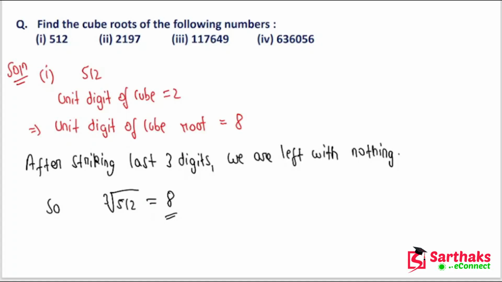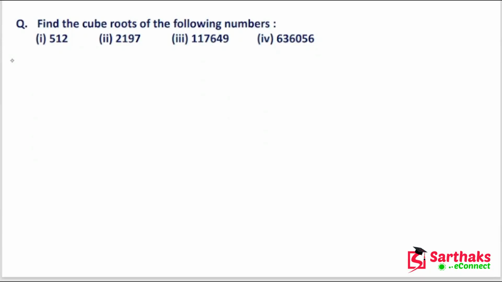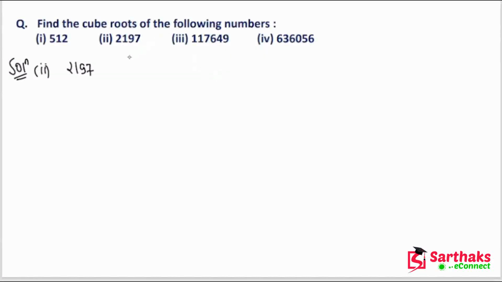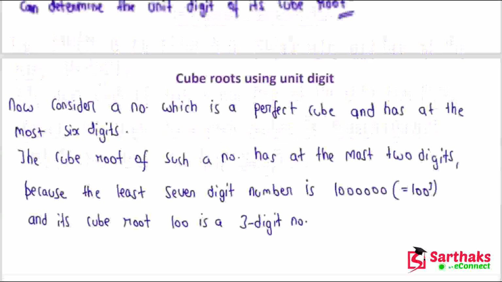Let us talk about the second number, which is 2197. Now you can see the unit digit in the cube is equal to 7. Okay, now let us again move on to the table.